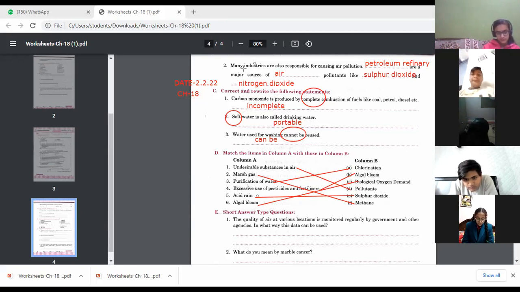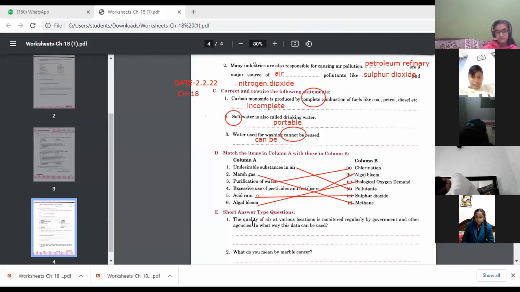Ma'am, this data is being used in cities where the high level of pollution is there. Government is thinking how to reduce pollution in those cities. Okay. So government is... anybody else wants to give the answer? Kindly raise hand. E part we are talking about, E part question number 1. Sarthak Singh. Ma'am, to reduce pollution. Okay, the government has to take few steps to reduce pollution.